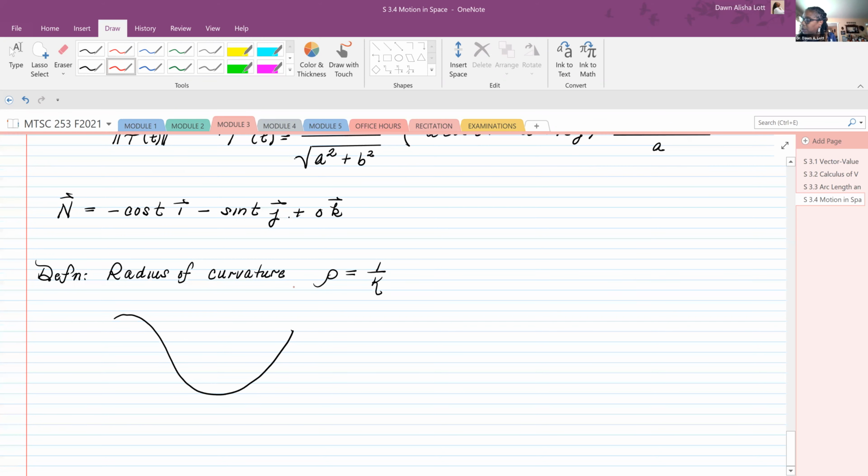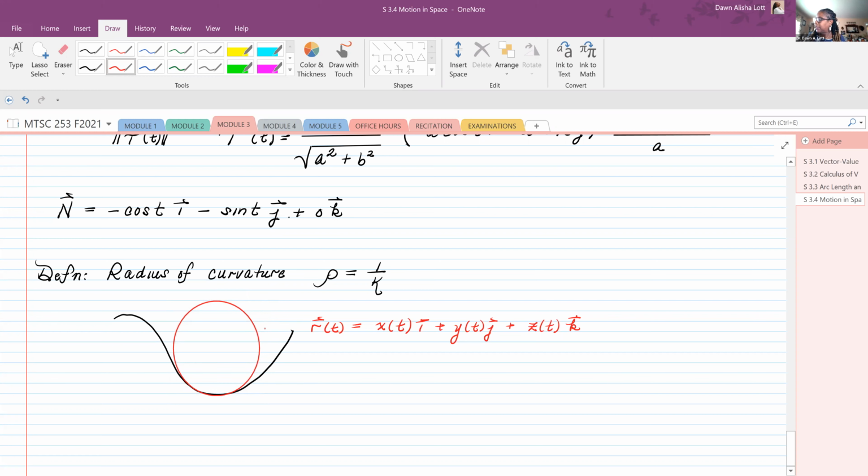If I knew R of t equal to x of t i plus y of t j plus z of t k, and I find that, then the radius of curvature is the circle that has the perfect radius that fits inside.